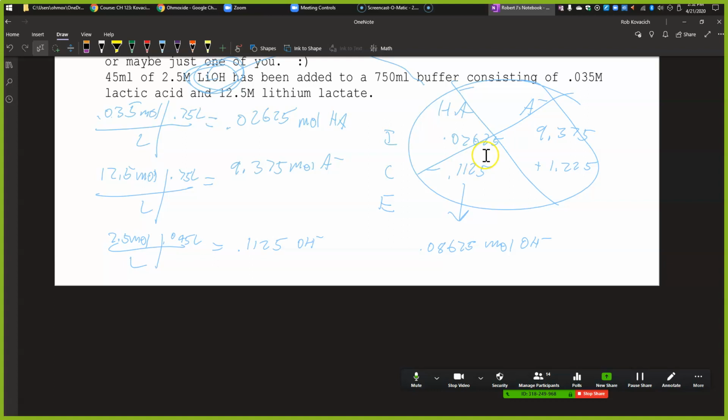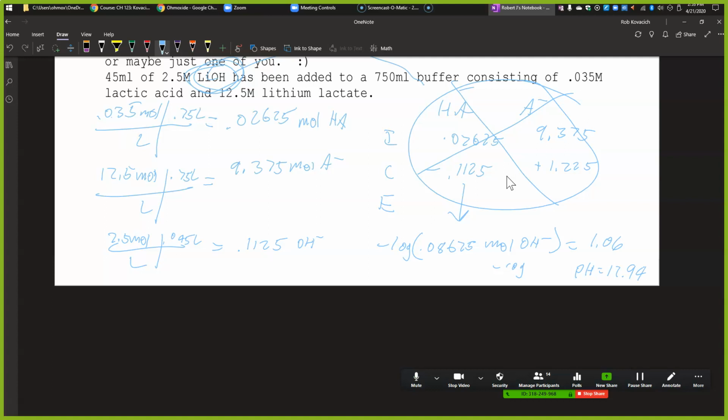After the buffer canceled out as much as it possibly could, this was the leftover. So all I need to do is take the negative log of this value, and that'll give me my pOH. So negative log, close parentheses, equals 1.06. So my pH is actually equal to 12.94.